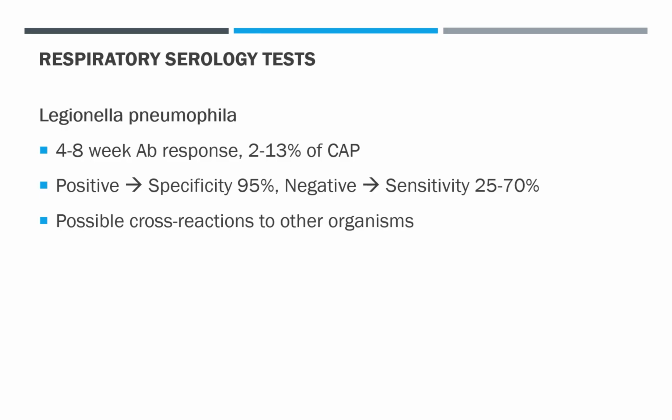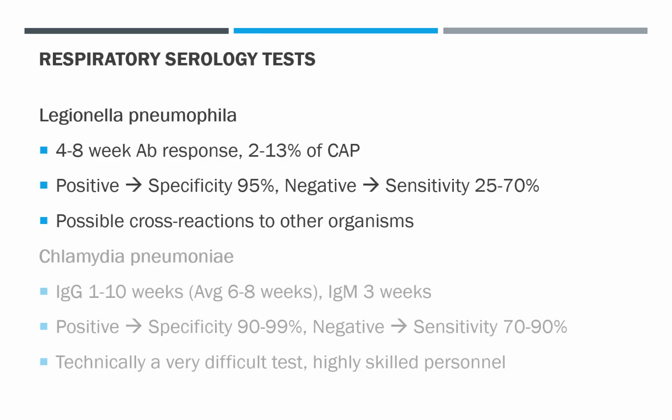However, a negative response has really poor sensitivity, partly because of that long time to build an antibody response. If you took a sample within even the first 3 to 4 weeks, you might not get that antibody response in the sample. And there's also possible cross reactions to other organisms with this particular test.